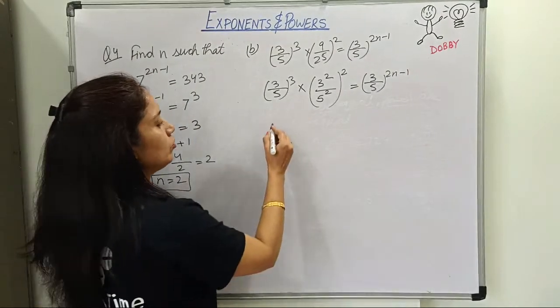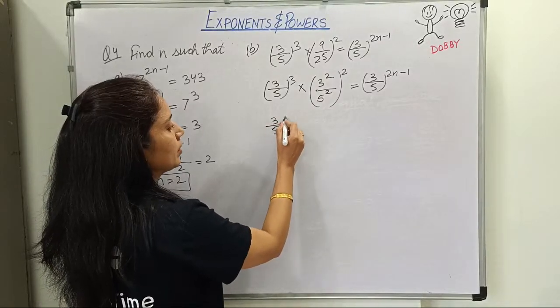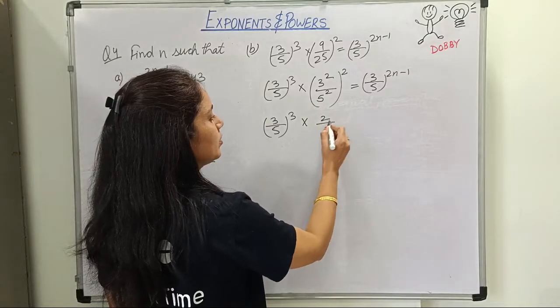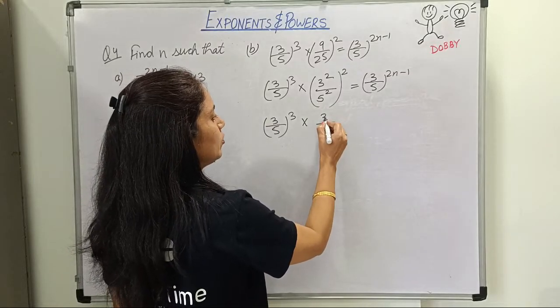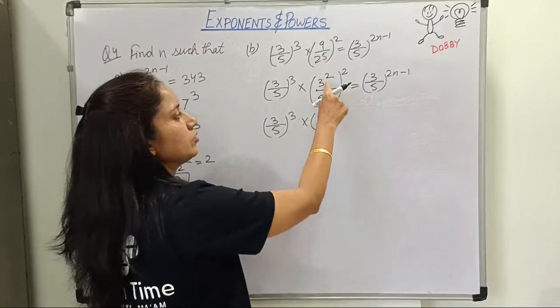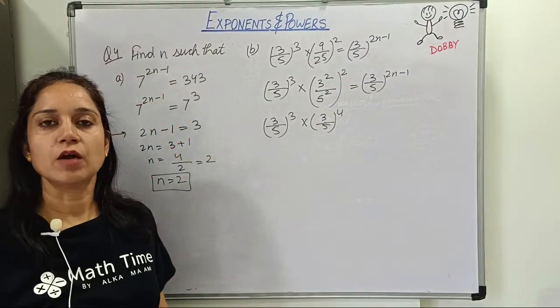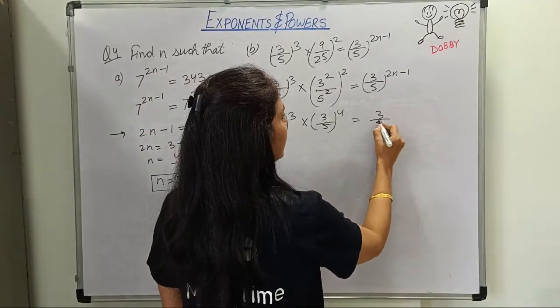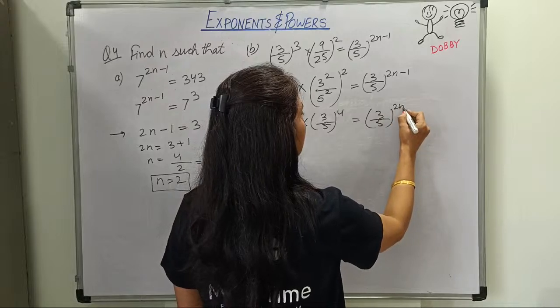So what do we do? We multiply. 3 upon 5 raised to the power 3 and the second rational number becomes 3 upon 5 raised to the power 4, 2 times 2 is 4 outside, equals 3 upon 5 raised to the power 2n minus 1.